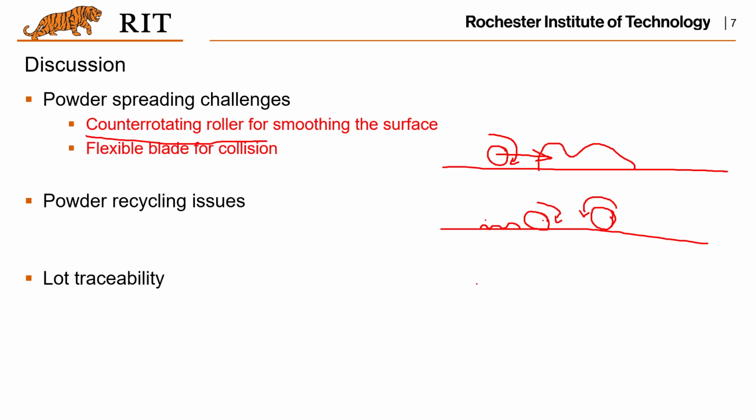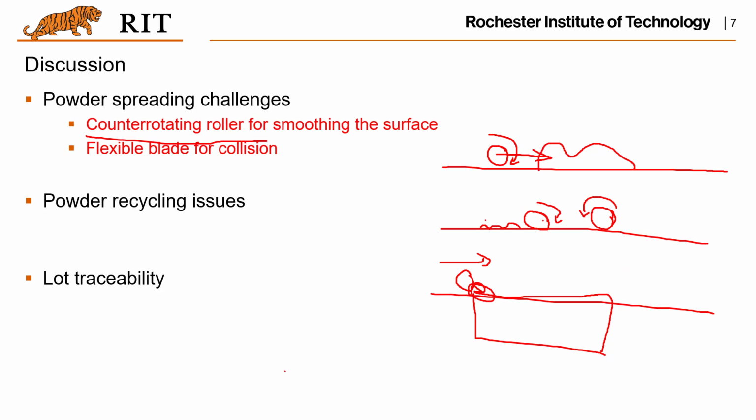Another thing is that because there are thermal stresses, the part could be deformed. Let's say after one layer is built, it becomes a little tilted. It's not a flat surface anymore. So if the roller moves from this way to this, there could be some collision, right? That's why some designs use a flexible blade for the collision.